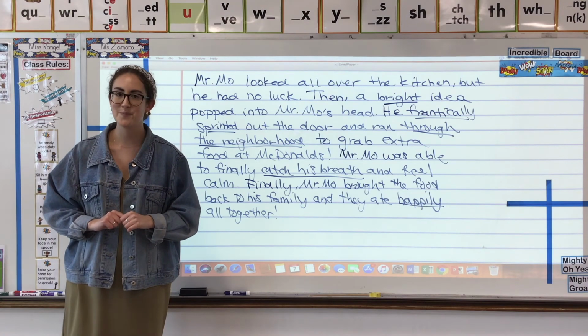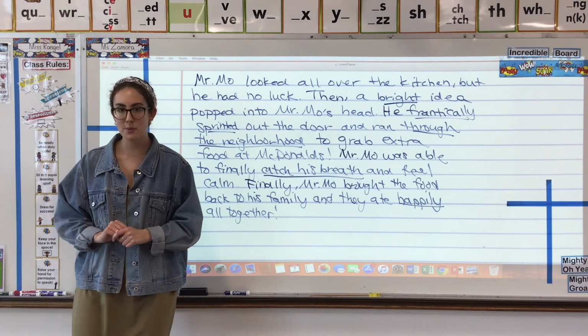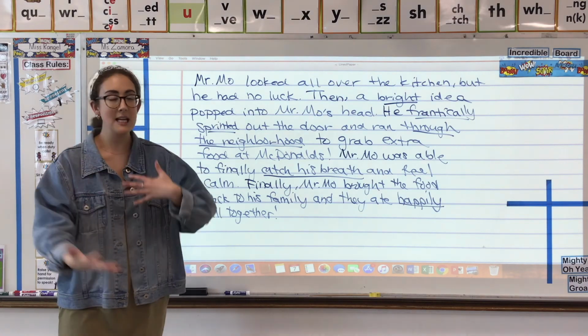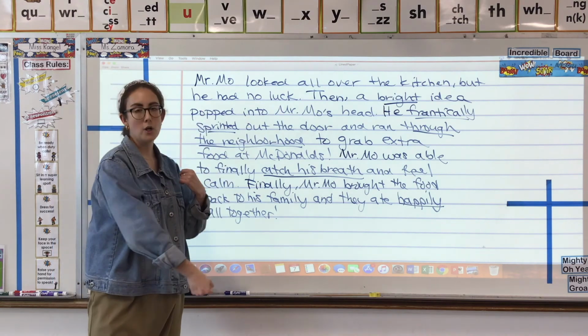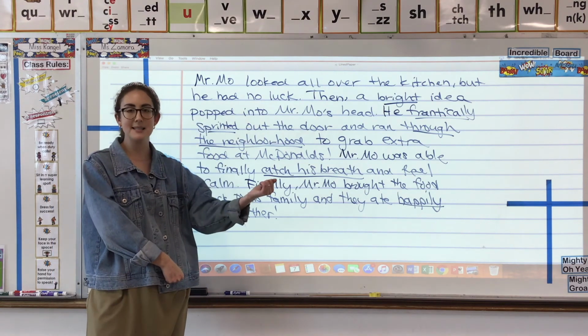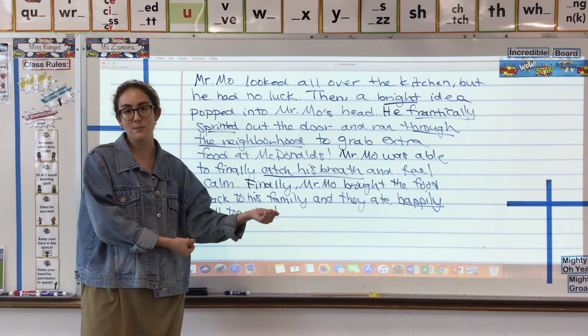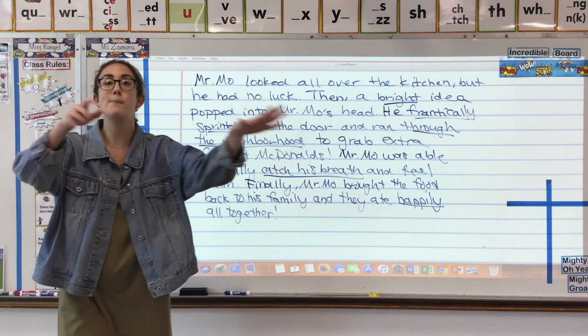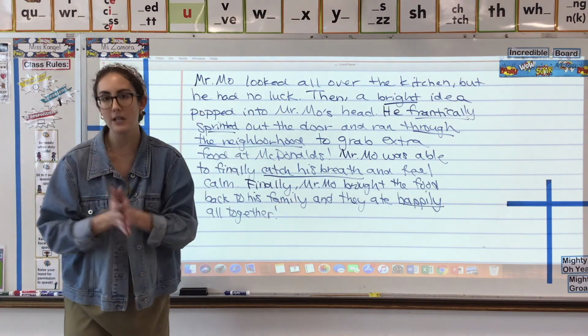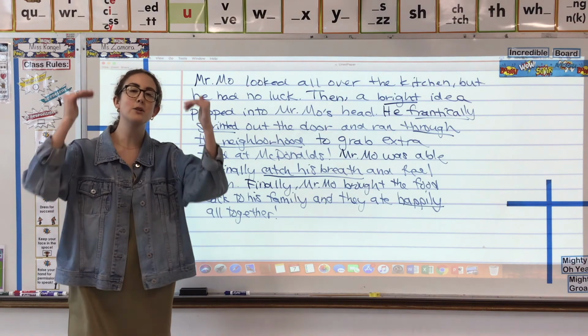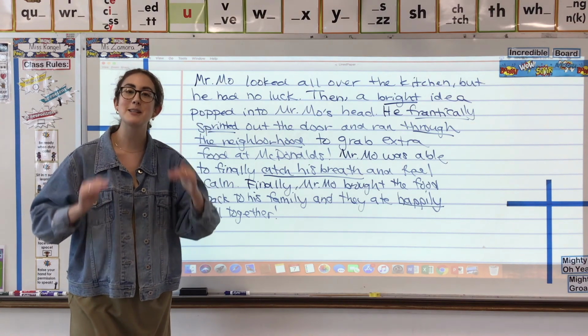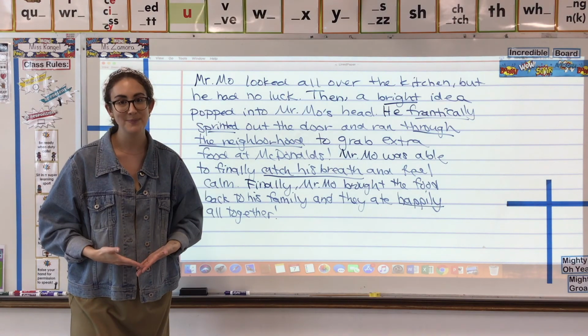So now, Super Scholars, now that we've seen how we're wrapping up our story, you're going to take this example, these awesome descriptive skills, and go back to your draft of your narrative story and start to write the conclusion, your solution paragraph.